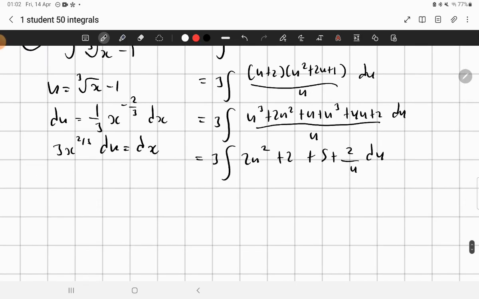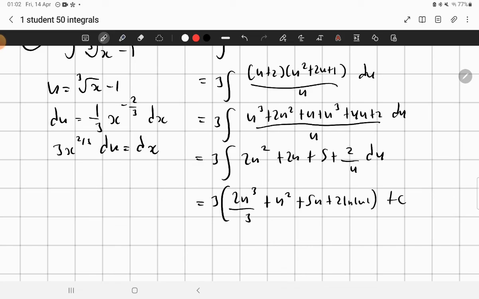Now we could solve this elegantly. So 2u cubed over 3 plus 2u, hold up, I forgot my u. U square plus 5u plus 2 ln u.